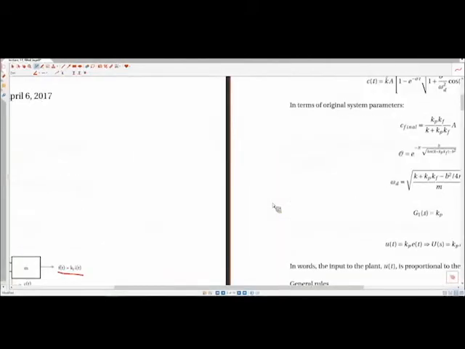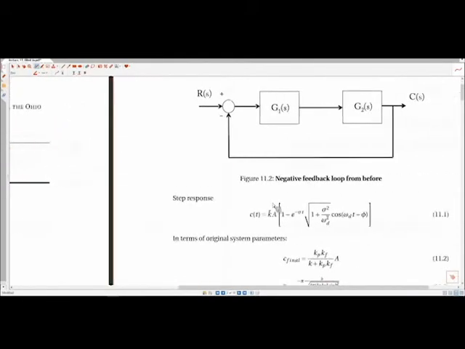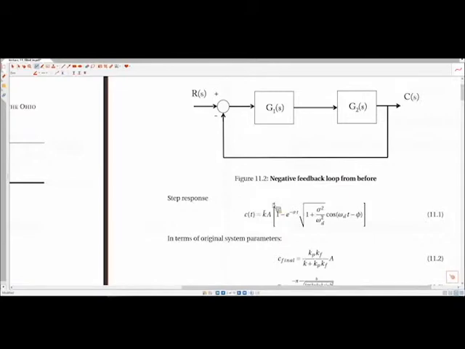From previous lectures, we established that if we have a feedback control system and a proportional controller, and we design G1 to be simply equal to Kp, then the input to my system is just Kp times the error signal, and we get the following response.